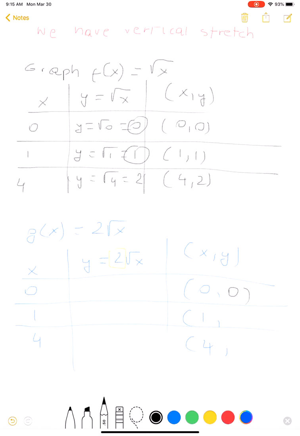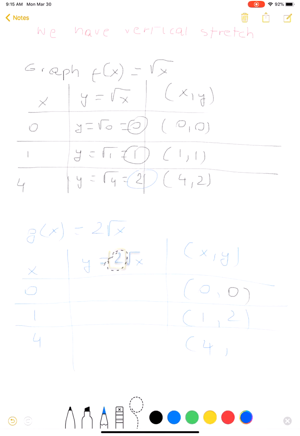I take 1 and multiply by 2, so we end up with 2. And for the last point, originally the y value was 2. Since we have a vertical stretch by 2, take that 2 and multiply by 2, and you end up with 4. So again, we use the original y values and multiply them by 2.